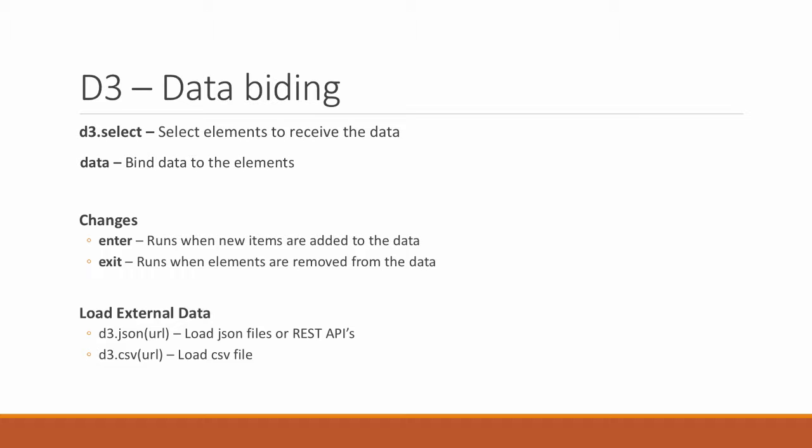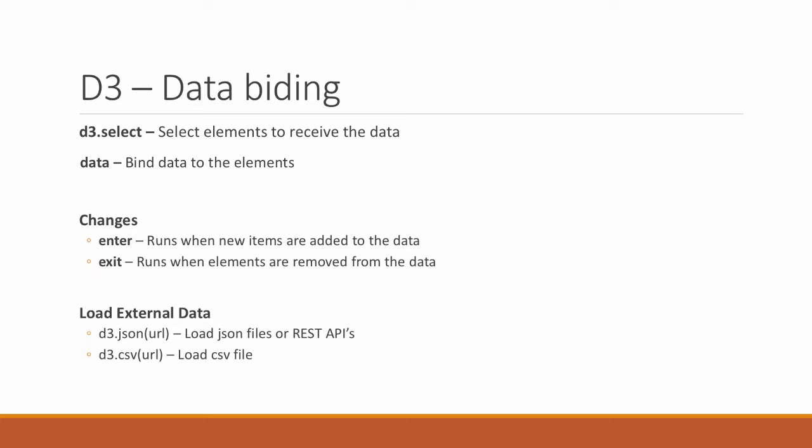So each row in your data, for example, will become one element, and D3 can know which elements belong to which row of your data. And then you can just work on the changes of your data. Whenever you enter new rows, or you exit, which is when you remove some rows, and then you can update your view based on that.